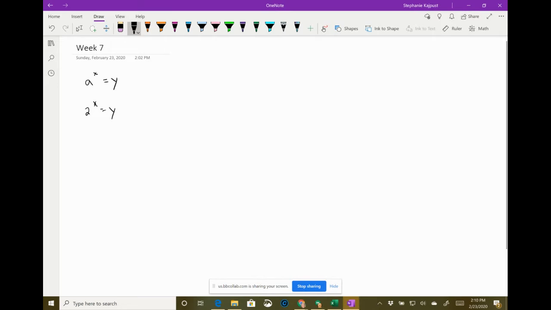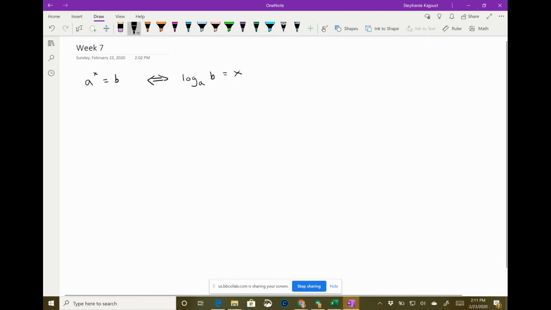A logarithmic function is sort of the opposite of that. So if I change my y just to b, let's just use a to the x equals b, you could rewrite this as a logarithmic function where you have the log base a of b is equal to x.